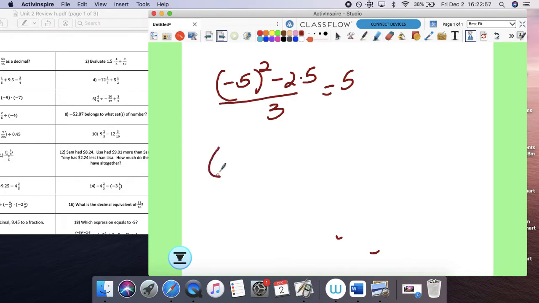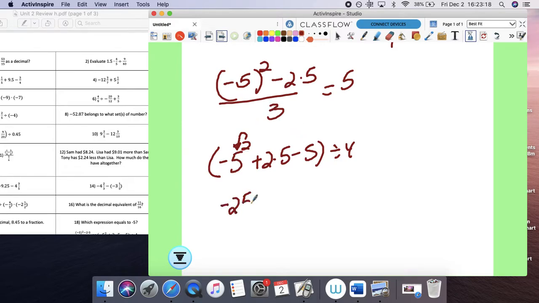So we got parentheses negative 5, or 5 to the second power, plus 2 times 5 minus 5 divided by 4. Right, so inside the parentheses, tricky question, because that 2 is telling the 5, not negative 5, to multiply by itself twice. So that actually becomes negative 25.